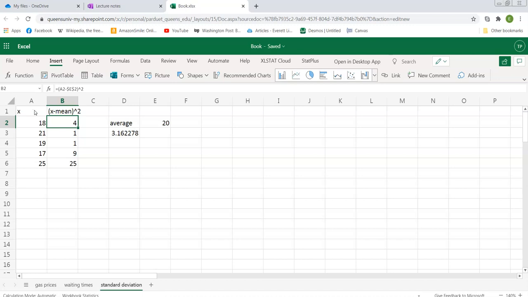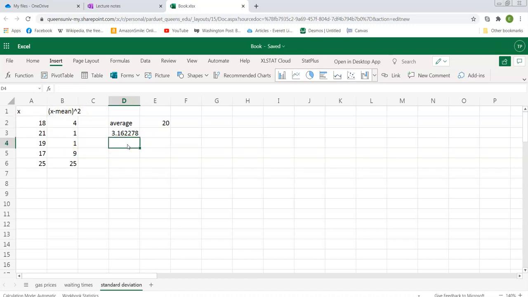In a Word document, you can copy the symbols I'm putting up on the Canvas site for you. And if you're doing anything by hand, I want you to use correct notation. Here in Excel, I've not found a good way to use that x bar. But anyway, we've got our x minus the mean squared.